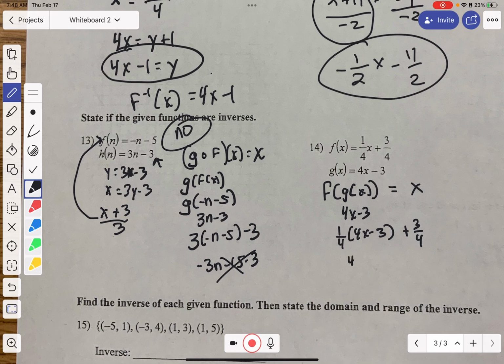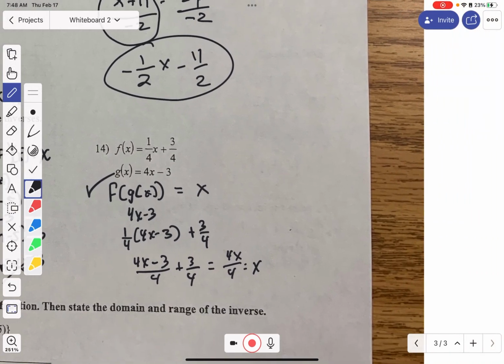So this would be (4x minus 3) over 4 plus 3/4. They have a common denominator already. So this would be 4x over 4, which is just x. So this one works.